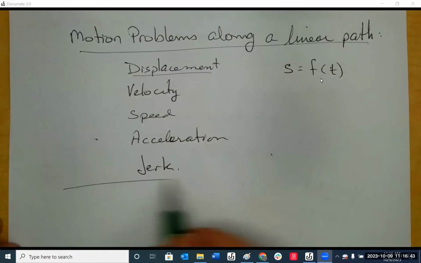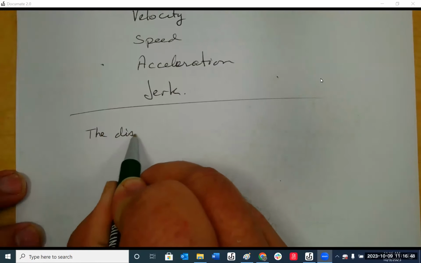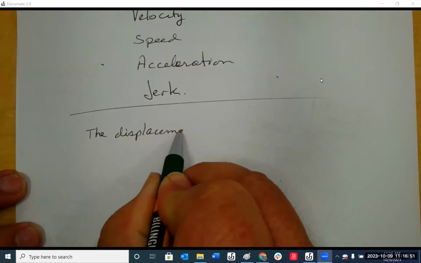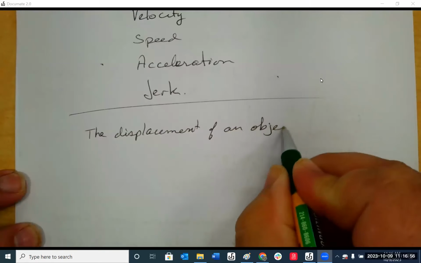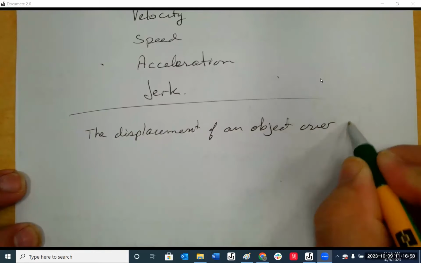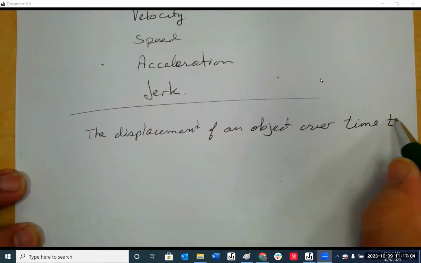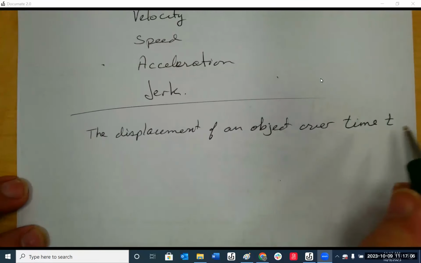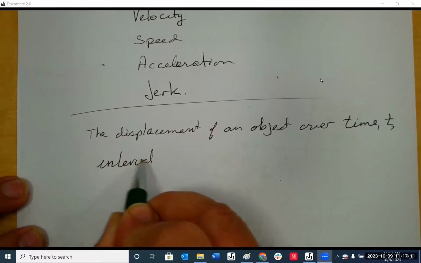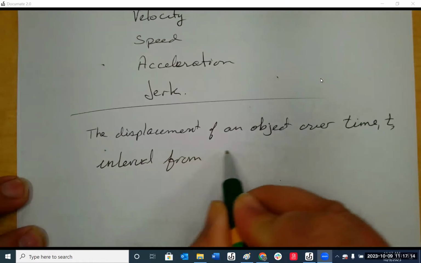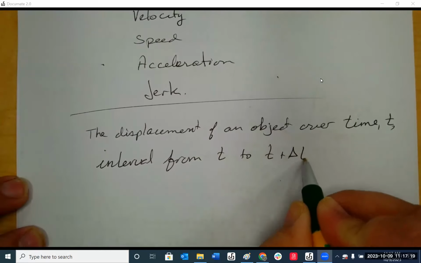So the displacement of an object over time t over the interval from t to t plus delta t.